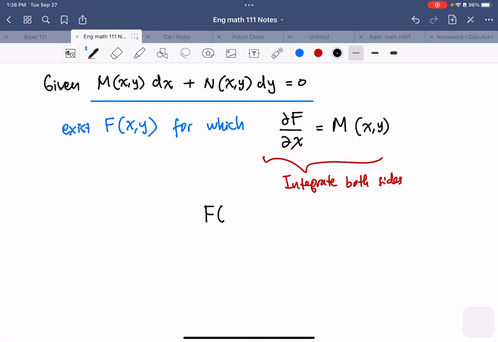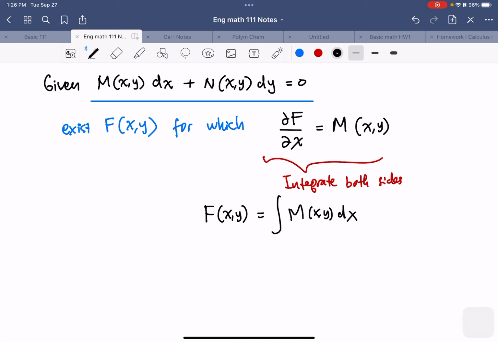So we will have F. But of course, the assumption here is that this function has two variables, x and y. So when we integrate this, M will have an integrated form with respect to dx. Let me write that first: integrate M(x,y) dx, and it's actually plus a constant.